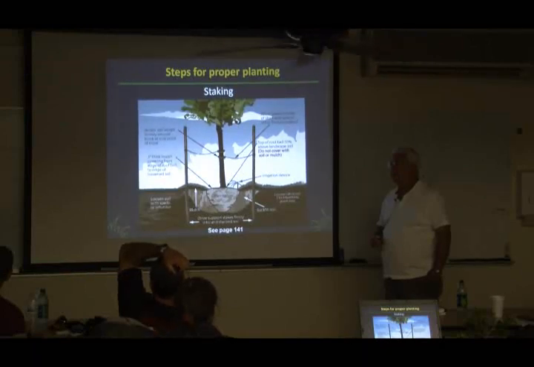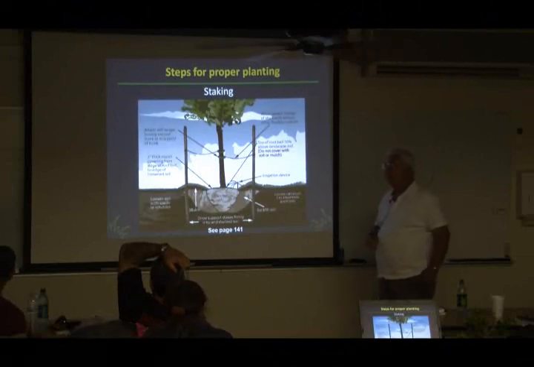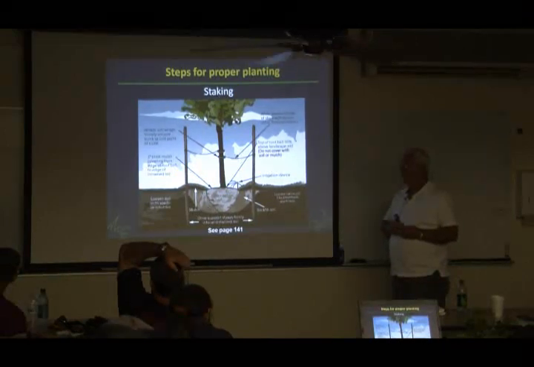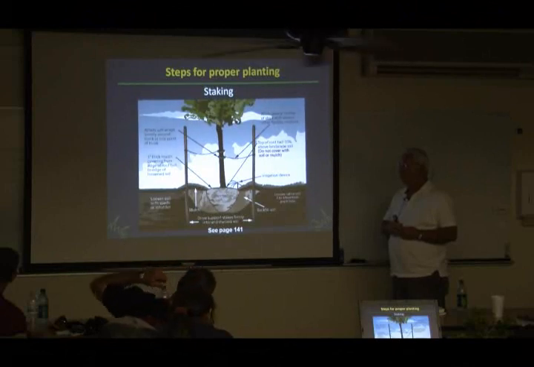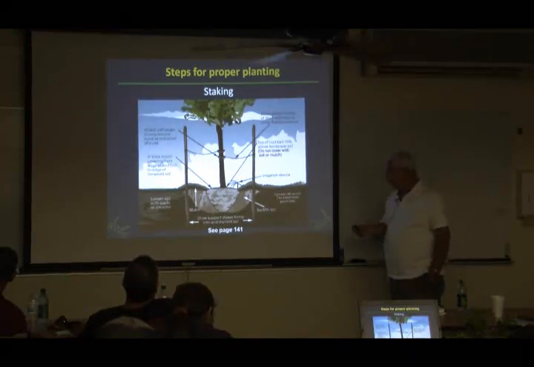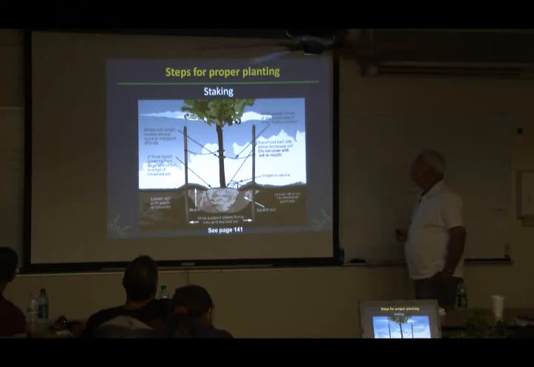It's really important because most of the time when I see people stake, the tree's not going anywhere. And then a year later they pull out the stakes and all the trees fall over and they don't understand why. It is really important that if you are going to stake, I personally don't like staking. I really try to avoid it if possible, but if I do, then I certainly allow plenty of movement.